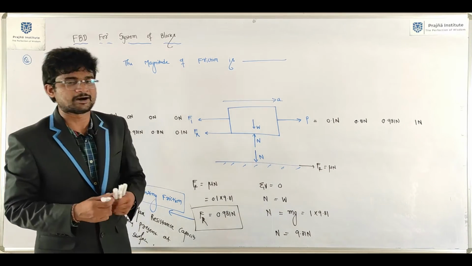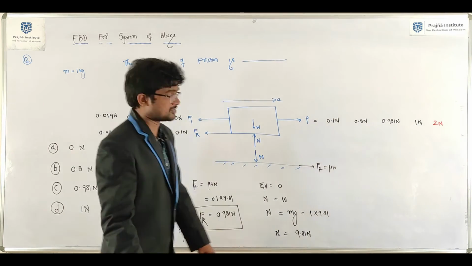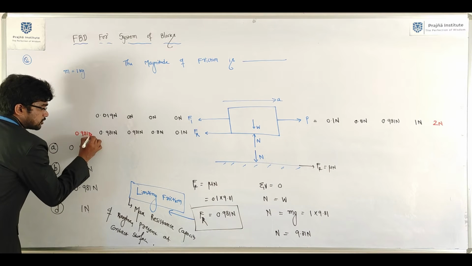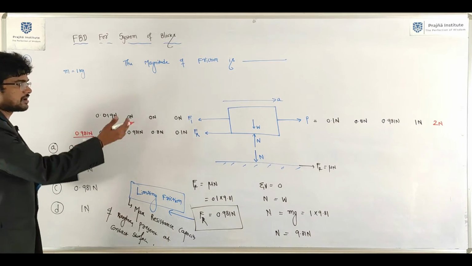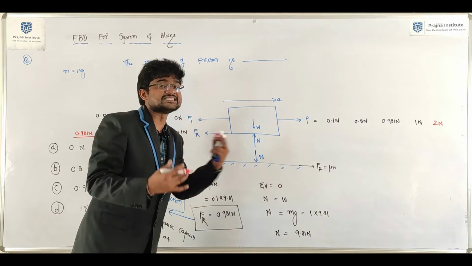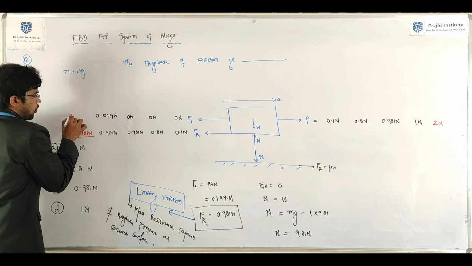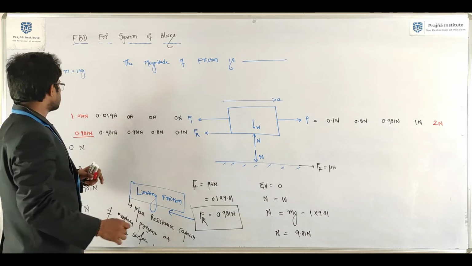In this process, you apply 2 Newton force. In that case, what is the resistance offered by the roughness present at contact surface? Still 0.981. It is the maximum resistance capacity of roughness present at contact surface. Remaining 1.019 Newton is given to the inertia force.